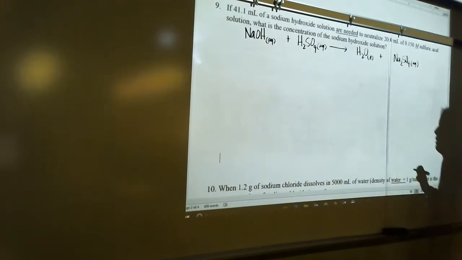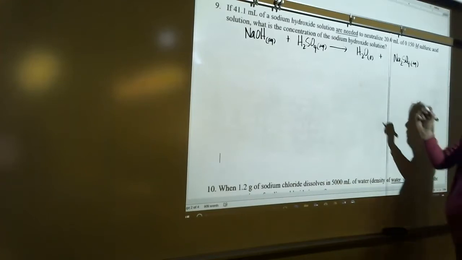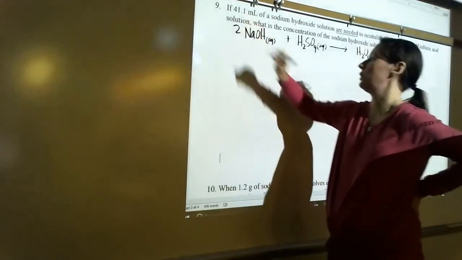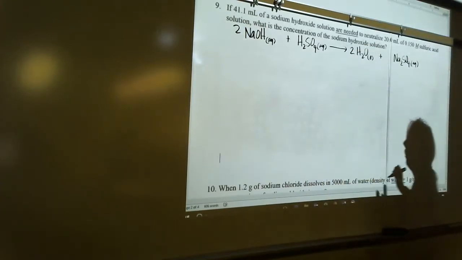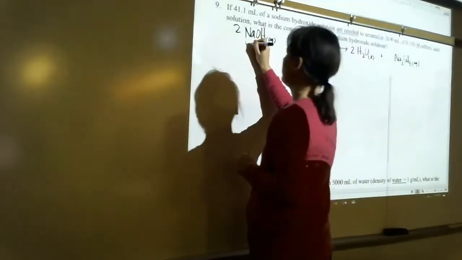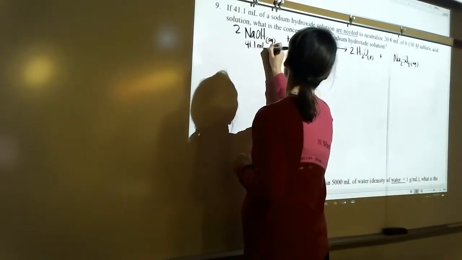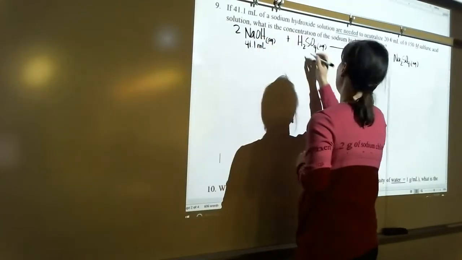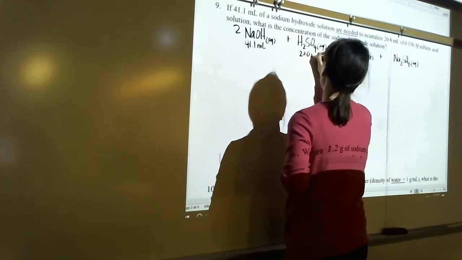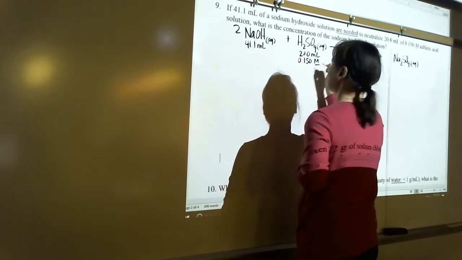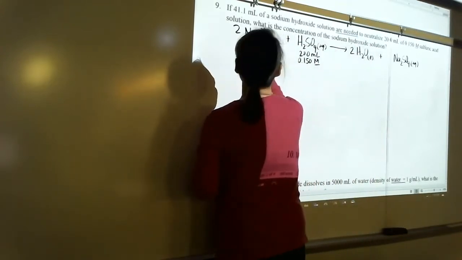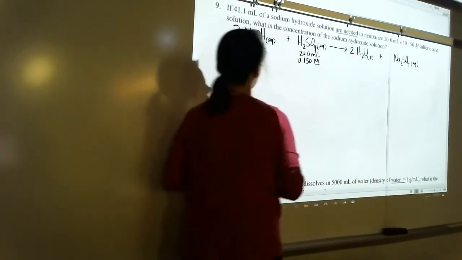Is this balanced? No. What do I need to do to balance it? 2 NaOH, and where else do I need 2? 2 H2O. Good. Okay, now I'm told that 41.1 mL, and it's 20.0 mL here, and it's 0.150 molar. And I want to know what's the molarity of the base.